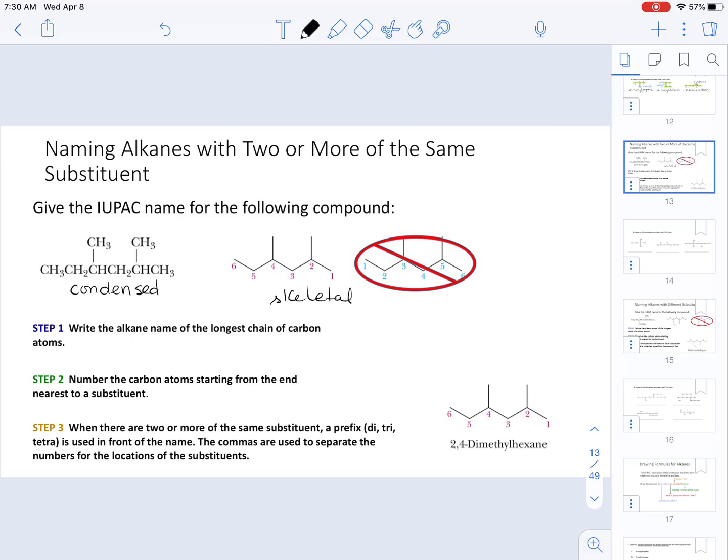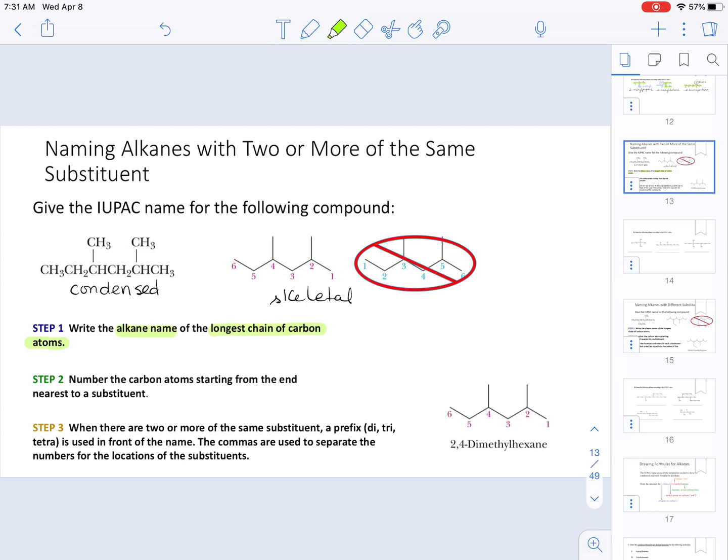Now, as I mentioned before, the first step is always going to be finding the longest chain of carbon atoms. In this case, because we are dealing with alkanes, we're going to give it the alkane name. So, in this molecule, as you can see, the longest carbon chain is going to be 6.